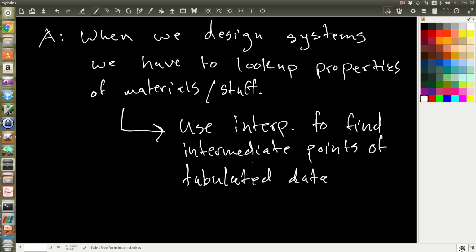There are numerical methods that use different types of interpolation in their methods. So I would say in research methods, okay, you're going to use interpolation.